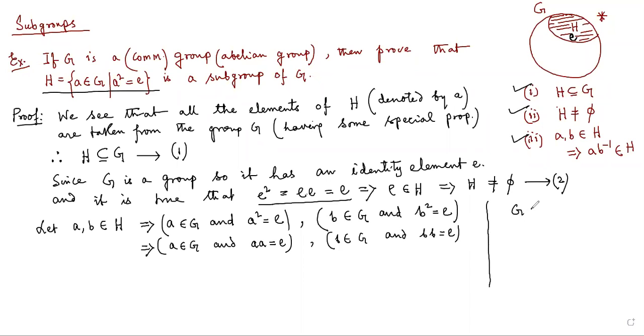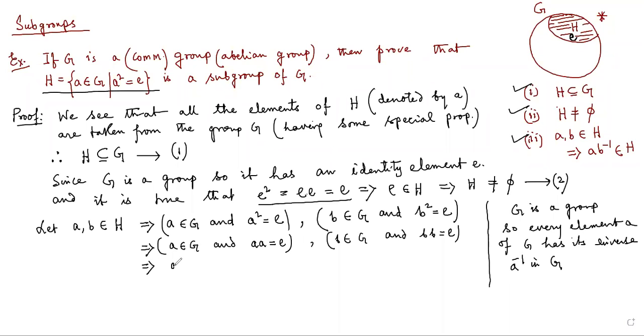Remember that capital G, since it is a group, every element a of G has its inverse, which we can denote by a inverse in capital G. And therefore, we can multiply both sides of the equation by a inverse.